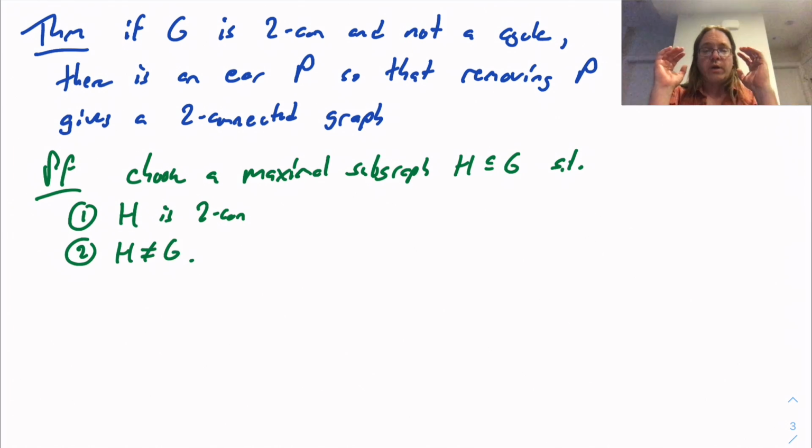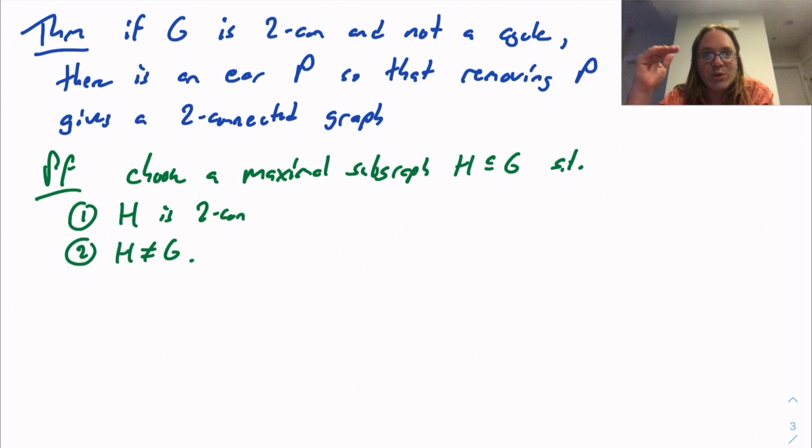Right? So again, I have this big two connected graph G. I'm going to be choosing within it a maximal subgraph H, subject to the constraints that 1, H has got to be on its own just a two connected graph, and 2, H cannot be the whole of the graph G. Of course, if you didn't add the second restriction, the maximal subgraph would just come back being G, and I don't want that.